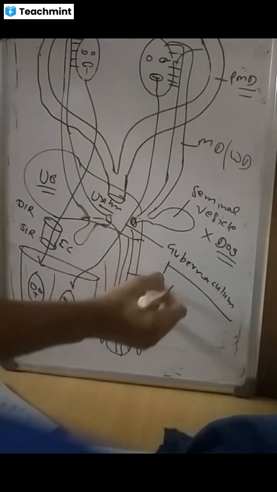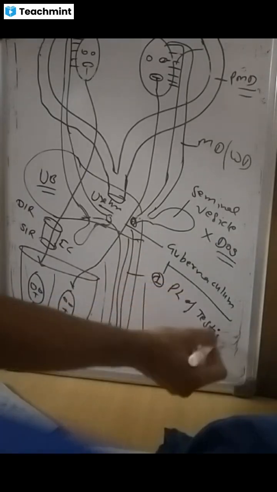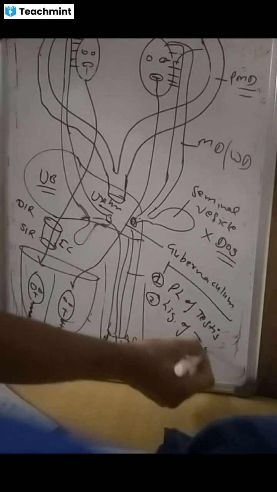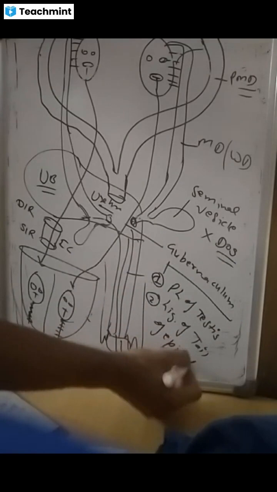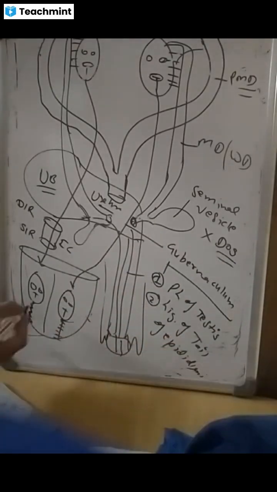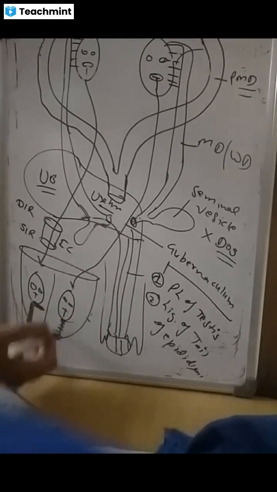Number one, the proper ligament of the testis. Number two, the ligament of the tail of the epididymis. So there are two ligaments formed. This is the proximal one.